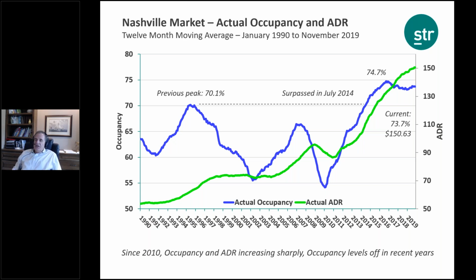If you look at the green line, the ADR continually increases over time. The only time it stopped increasing was during that 2009 time period, where it just leveled off and became a little flat, and then picked up recovery and has continued since. When it comes to occupancy, note that the 2009 downturn was much more significant from an occupancy point of view to an ADR percent point of view.